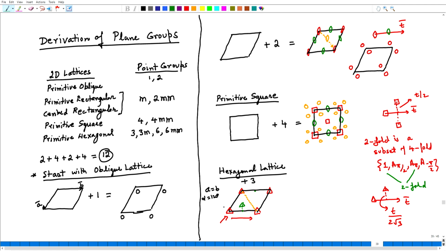Similarly, a threefold will show up here.